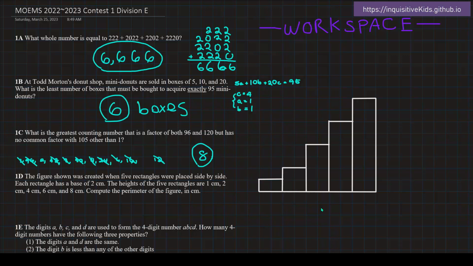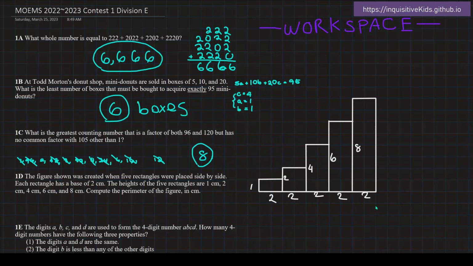So let's first start by labeling these parameters. The heights are 1, 2, 4, 6, and 8. And their bases are all 2, 2, 2, 2, and 2.